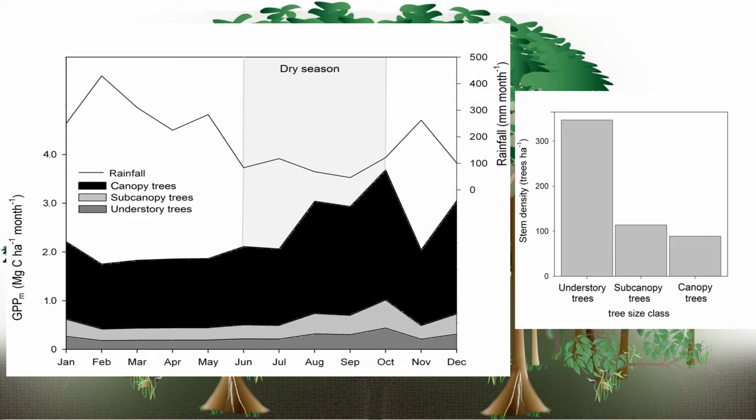The contribution of the subcanopy trees and understory trees to the monthly forest GPP, here in the different shades of gray, was comparatively low. Also, something really interesting we observed looking at seasonal differences in the monthly GPP: the GPP peaked between June, July, August and October, which is the dry season in the region.